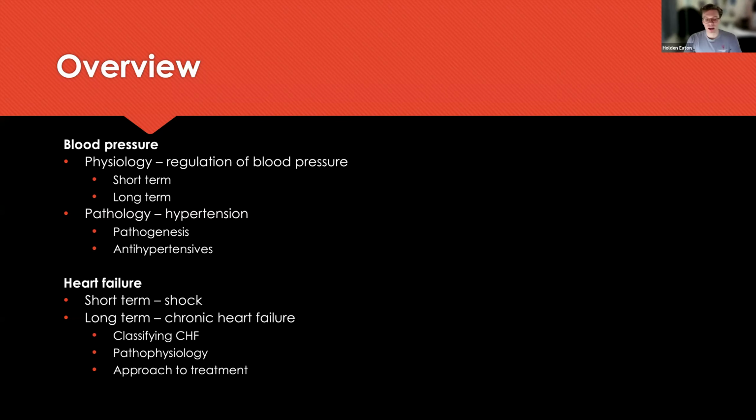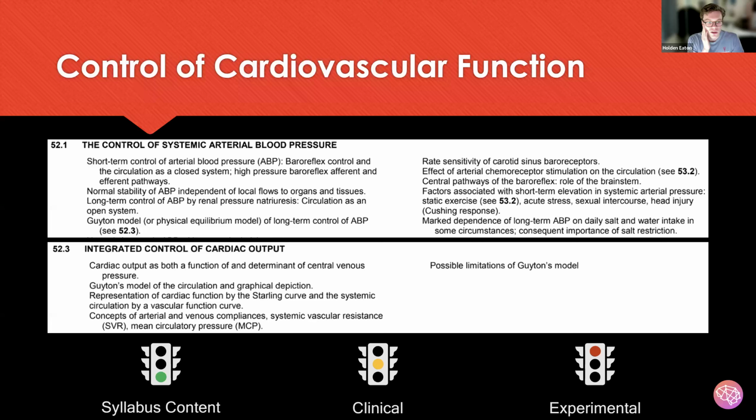There's a bit of overlap with the treatment with hypertension, so hopefully by then you'll be able to think about what mechanisms are important. Along the way, I've included points from the syllabus indicated with the symbols at the bottom, to help you follow along if that's what you want to do. Also, if you don't want to look at the syllabus, then this is relevant for you.